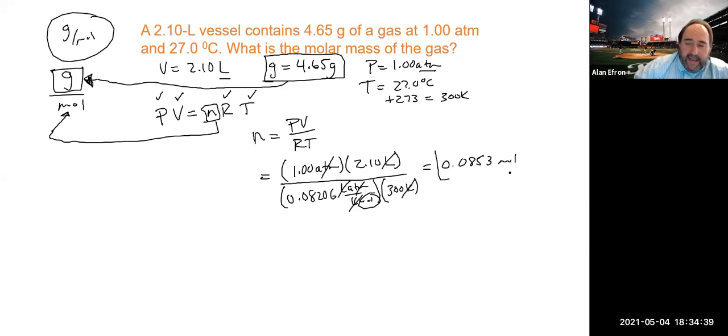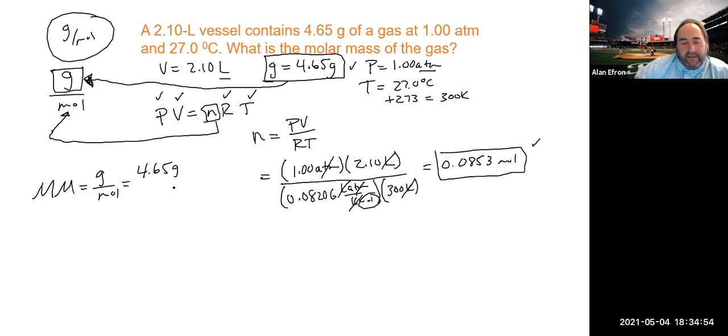We now have both components that we need to figure out our molar mass. So the molar mass here would be our grams per mole, putting in our grams that was given to us, 4.65, over 0.0853 moles.